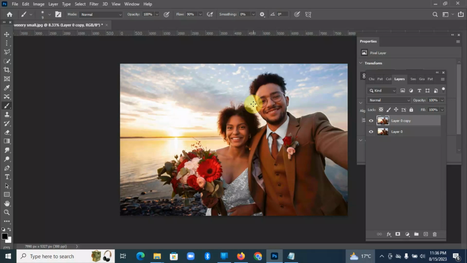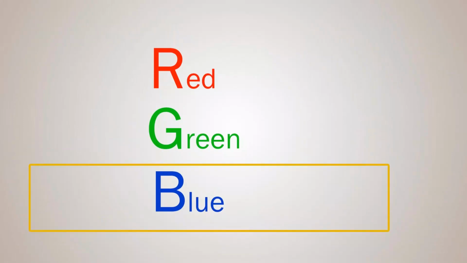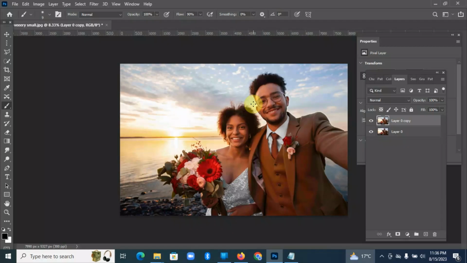When it comes to image editing and photo editing, there are 3 colors that come into play: the red, green and blue. And those are the 3 colors that are combined in various different proportions, and from them you're able to get the entire spectrum of the lights or the colors rather that you'll be able to obtain. So we have the RGB format.